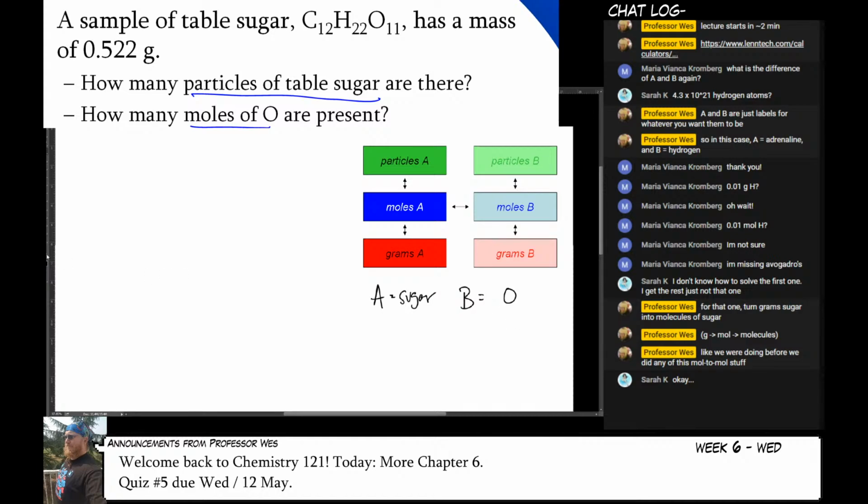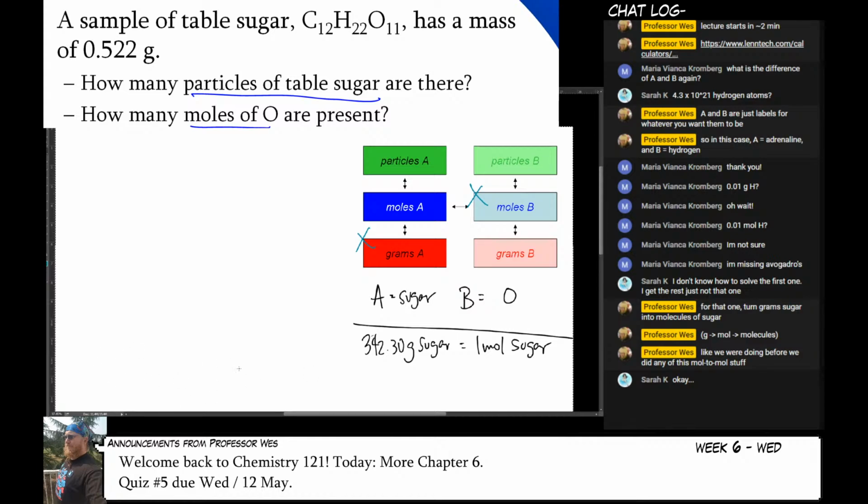Because I have a mass of sugar to start, and I'm asking you for moles of oxygen, I must be going to this spot right here. Now we can write out our relationships. This relationship we're going to use every time because we're always going to go from grams to moles. So 342.30 grams of sugar equals 1 mole sugar.